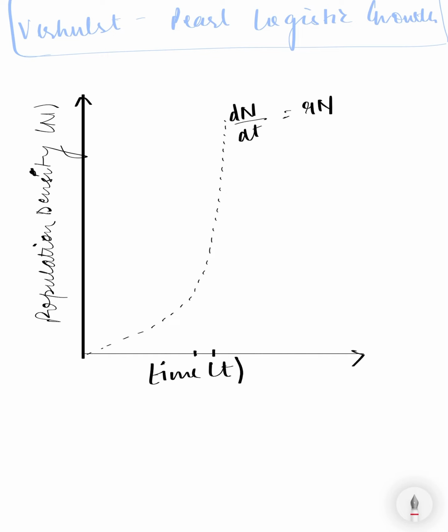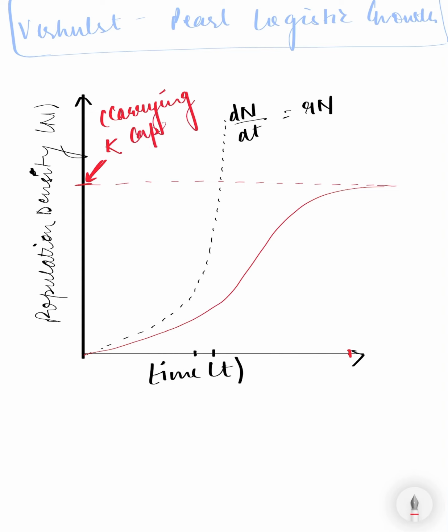According to this growth model, it is like this. At some point of time, the population will be stable. This point on the population density axis is K. K is the carrying capacity.